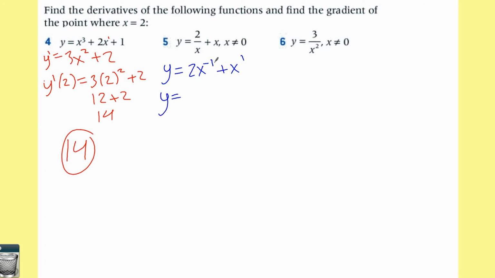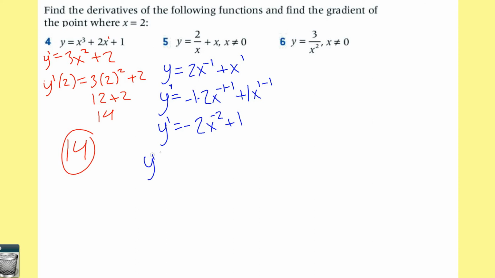Negative 1 times 2x to the negative 1 minus 1. Move it out front, take 1 less. x to the first, move it out front, take 1 less. So the derivative is negative 2x to the negative 2 plus 1.